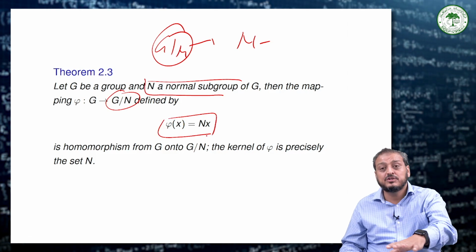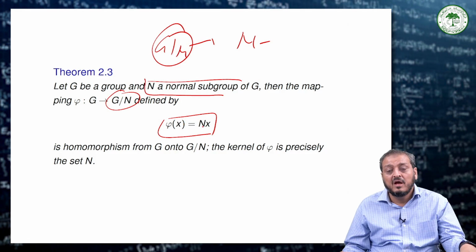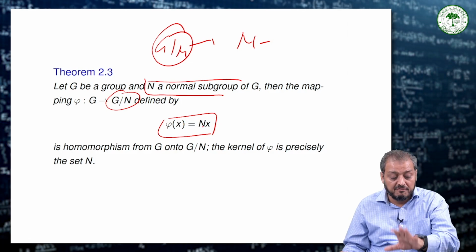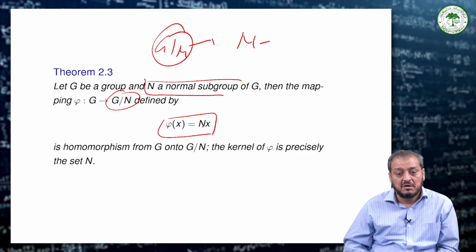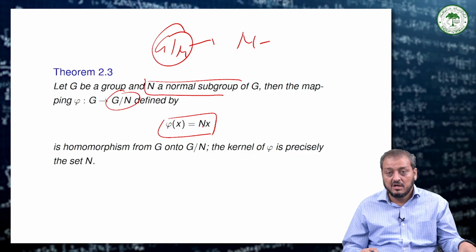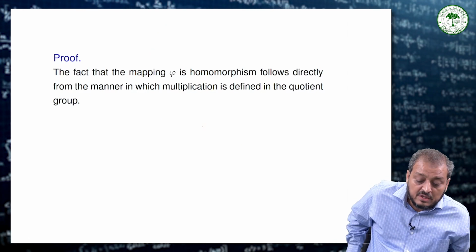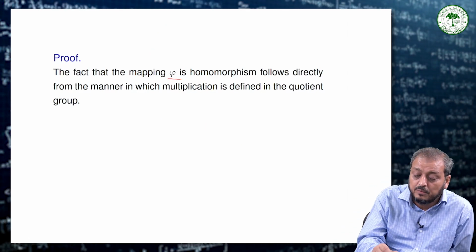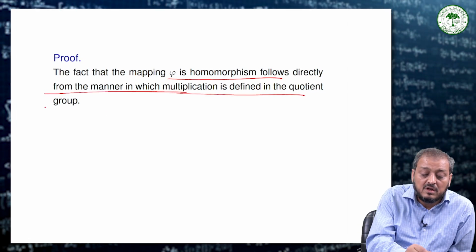Now, the first thing is, whatever map we define should be well defined first, and then we have to say that it satisfies the homomorphism condition. The fact that the mapping φ is a homomorphism follows directly from the manner in which multiplication is defined on the quotient group.